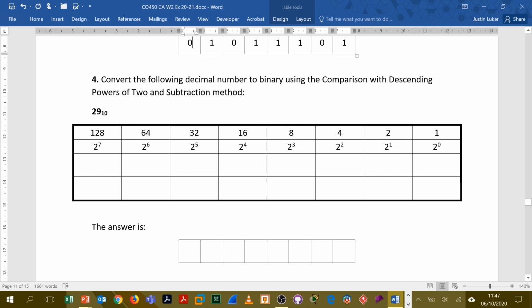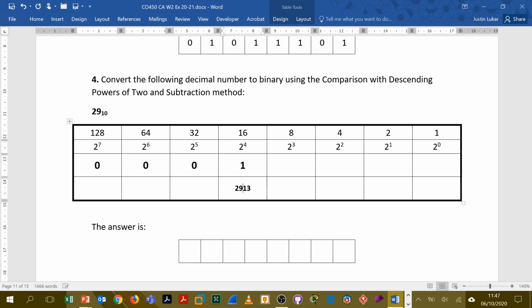So 29 now. It's not going to be 128, not going to be 64, not going to be 32. It's going to be 16, so 16 away from 29 leaves me with 4 plus 9, which is 13.